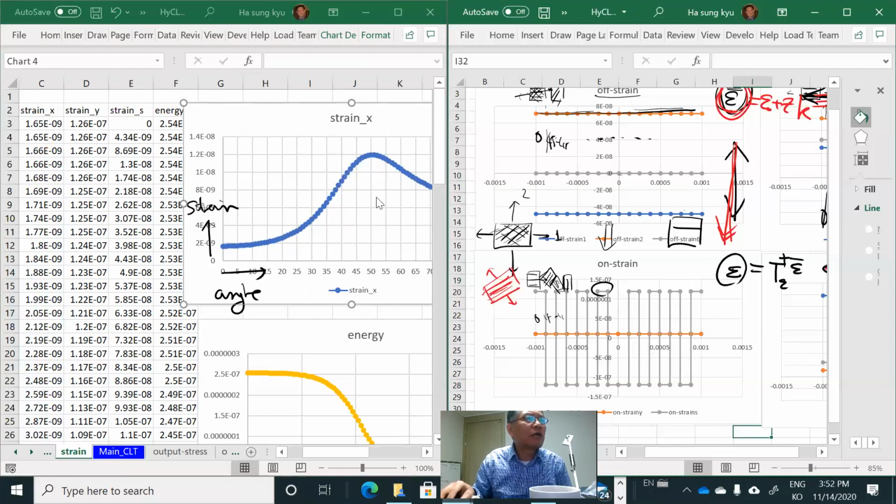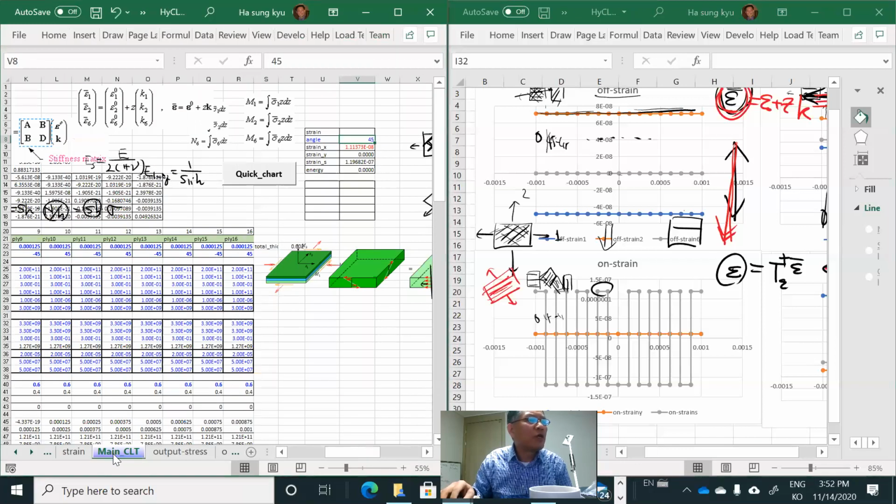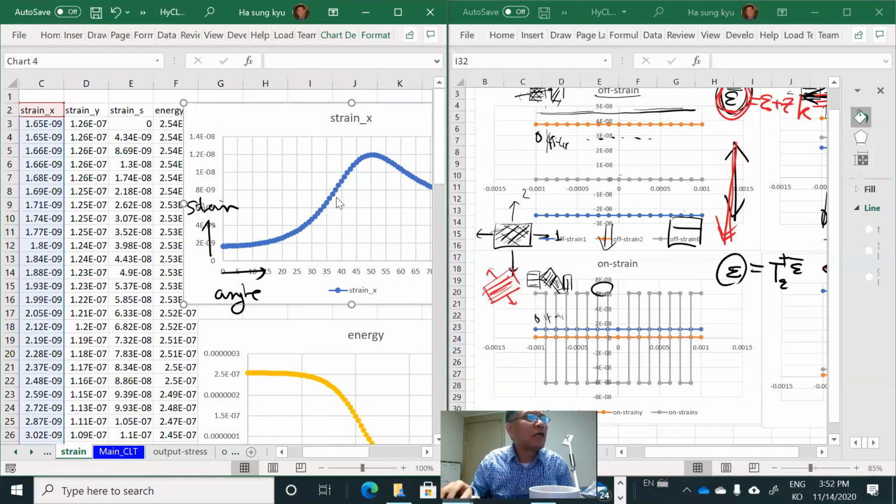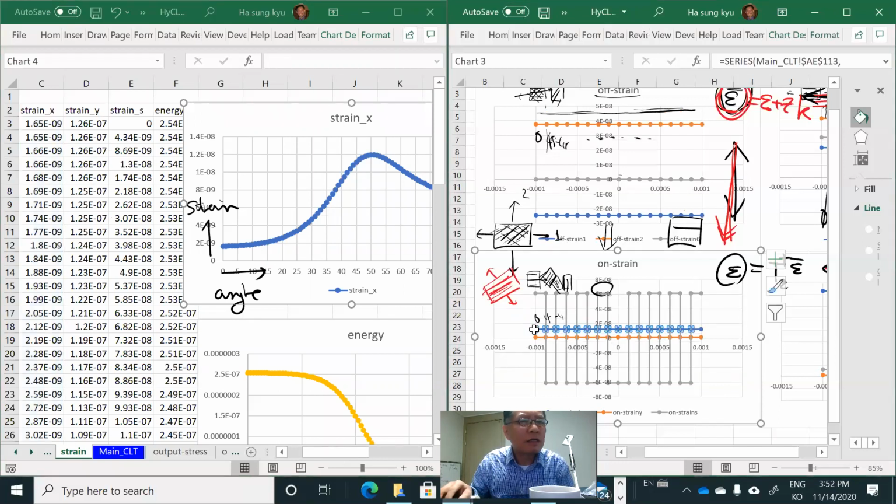And now, as you can see, if we change it to 50, you can see the strain is about 1.2, and strain X is the blue, and this guy is about 1.2, right?